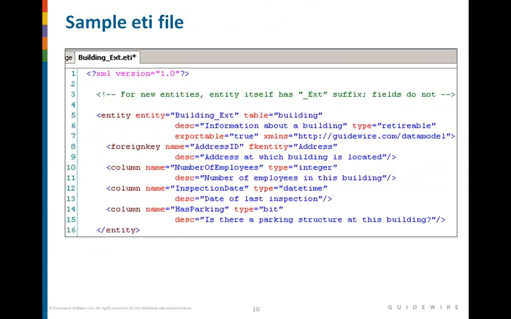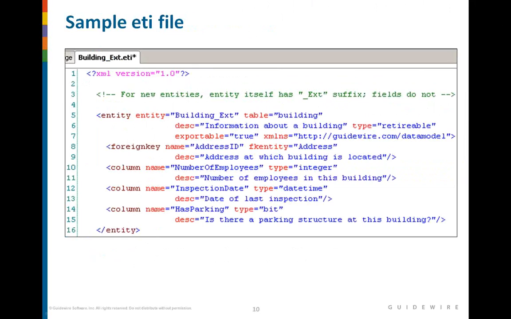So coming to the sample ETA file, now you can see there is an entity defined for building. For the building entity we want to define elements like the address, where exactly the building is, the number of employees the building can accommodate, which is an integer type, and the inspection date, when the inspection has been completed for that building.